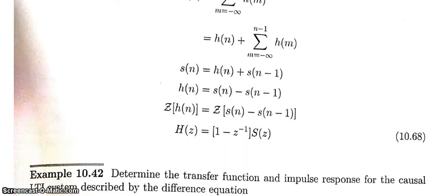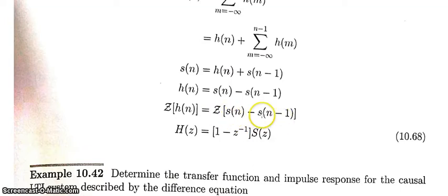Therefore when we take the z transform on both sides of this equation, z of h of n is h of z, z of s of n is s of z, and z of s of n minus 1, using the shifting property, we can write as z raised to minus 1 into s of z.